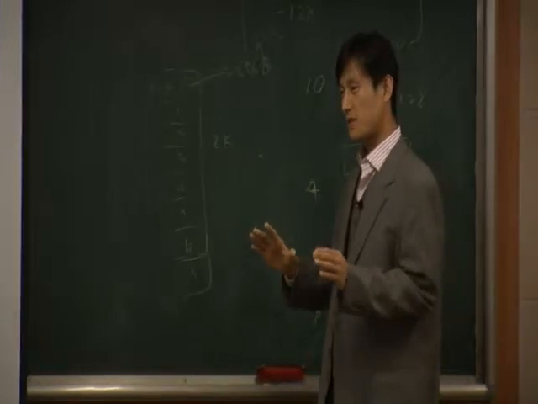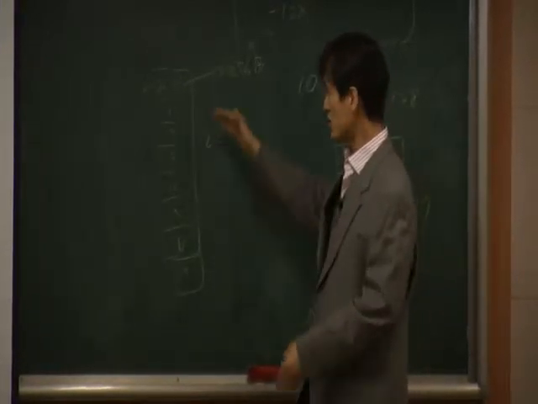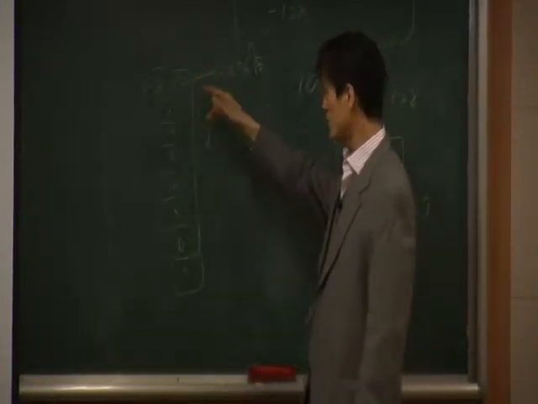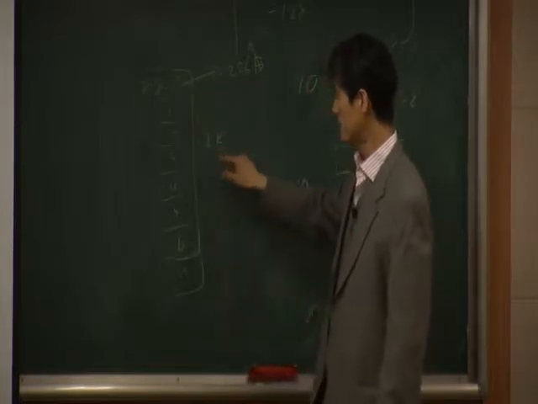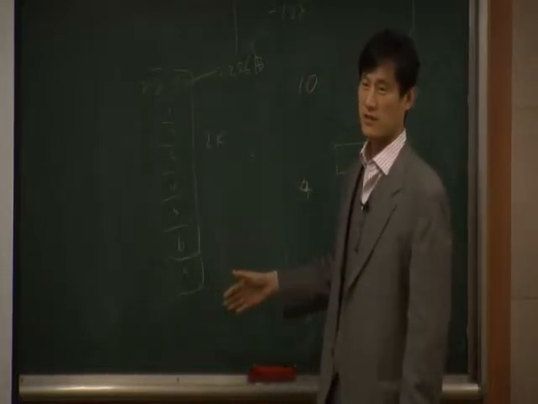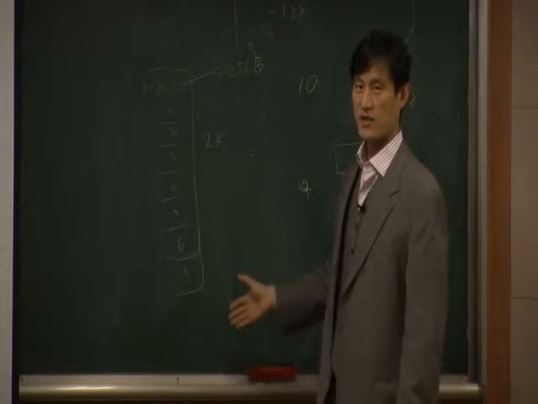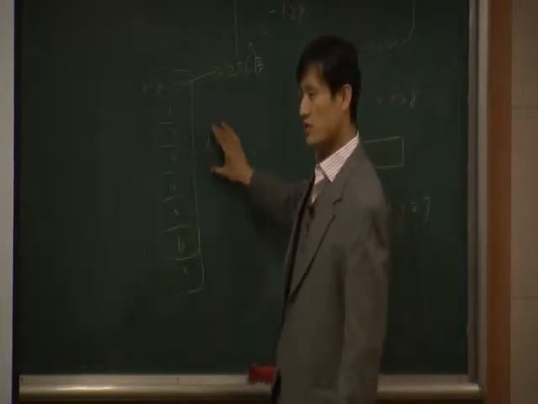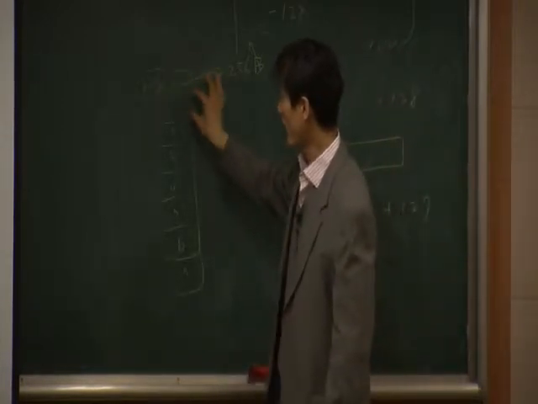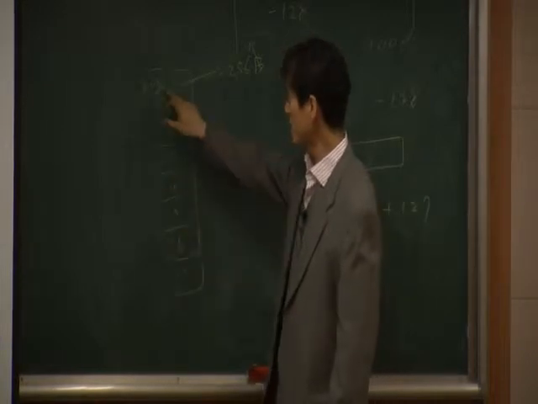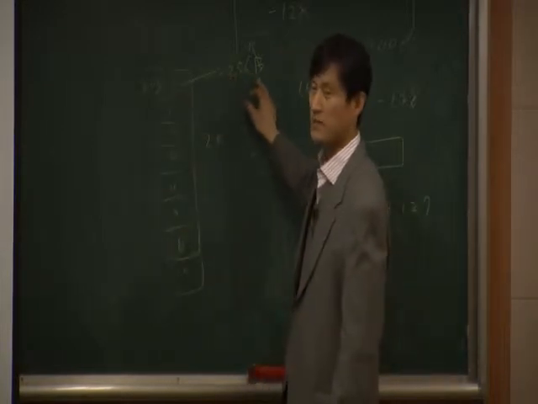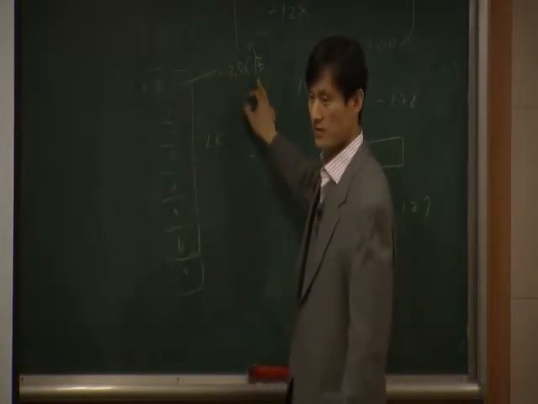Simply speaking, the range for jumping is 2K. For this 2K jumping range, we divide it into 8 different pages. Each page is only 256 bytes, right?